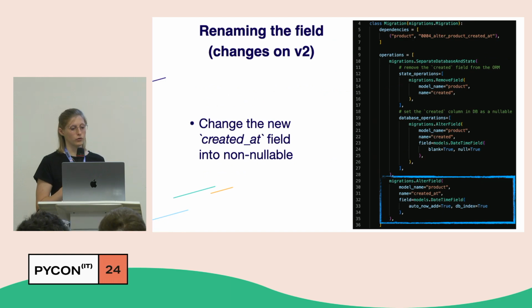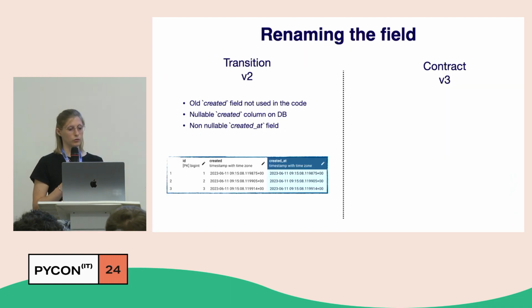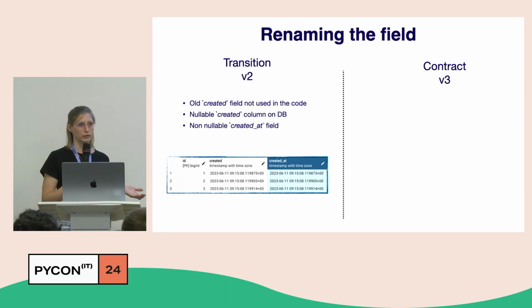And we are also ready to change our new field created add into non-nullable. So after contract phase in version V2, we'll be in the state when the old created field is not used anywhere in the code, but it's still in the database.